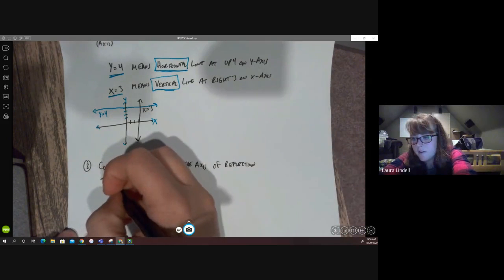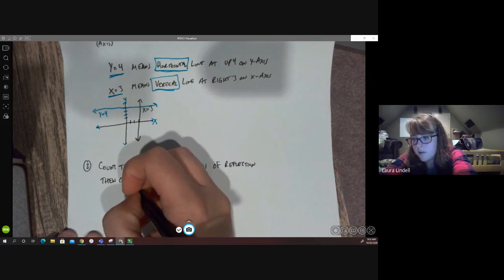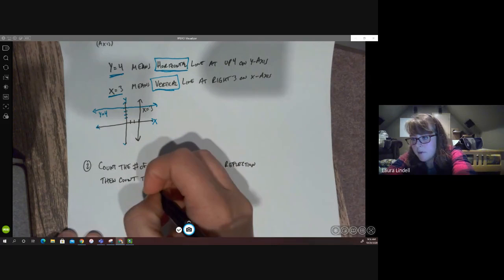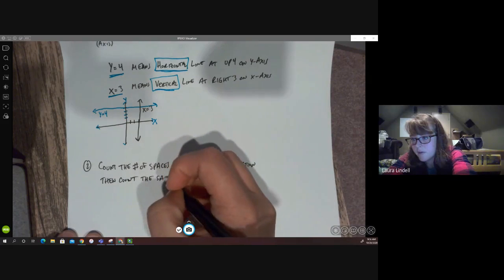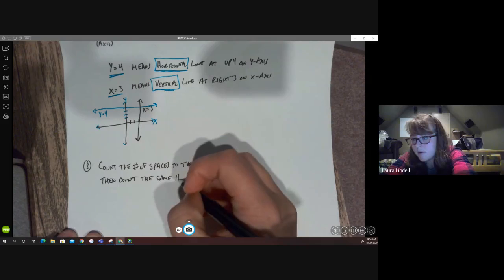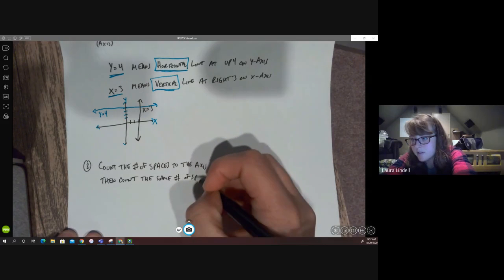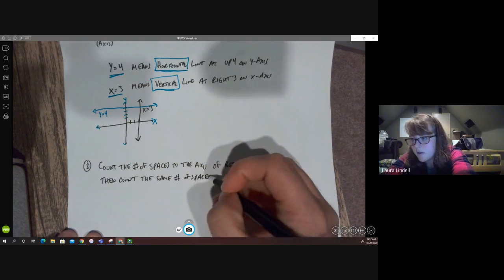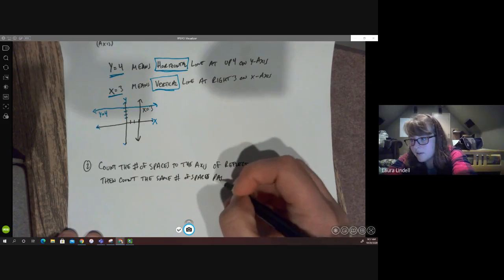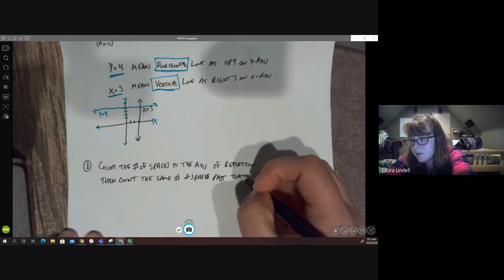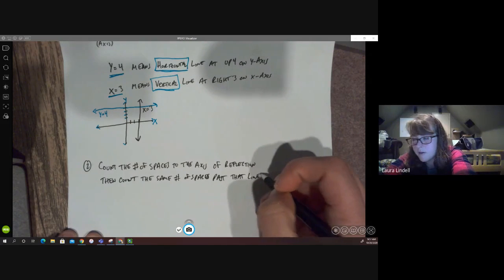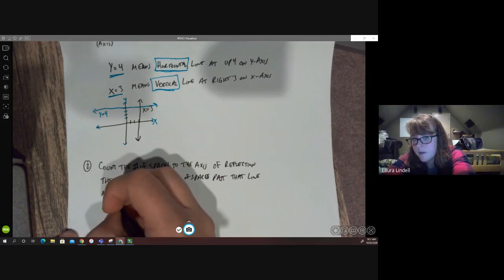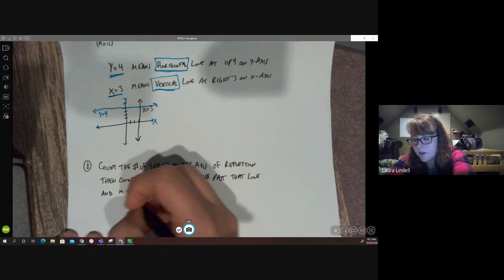Then count the same number of spaces past that line and make a new dot or a new point.